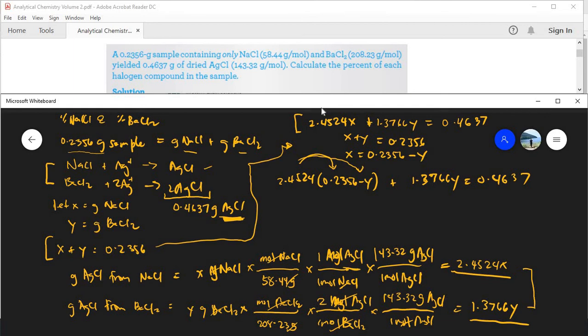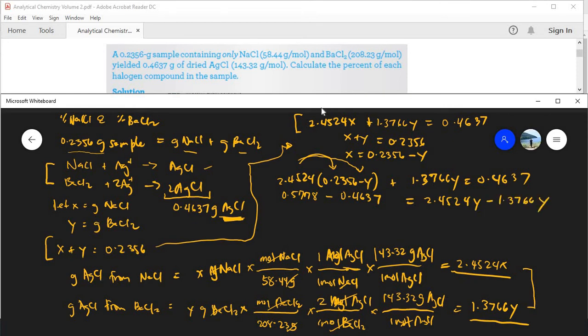So 2.4524 times 0.2356 is 0.5778. Then 0.5778 minus 0.4637 is equal to 2.4524y minus 1.3766y.